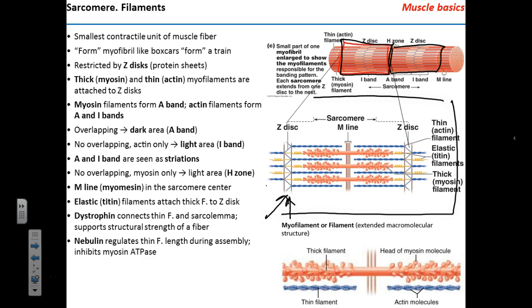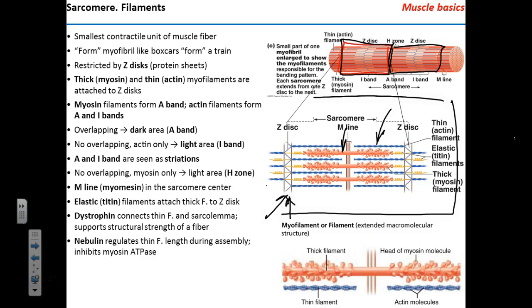And the two major contractile filaments, thick filaments, the red ones, the myosin filaments, and thin filaments, the blue actin filaments, are physically attached to Z discs.